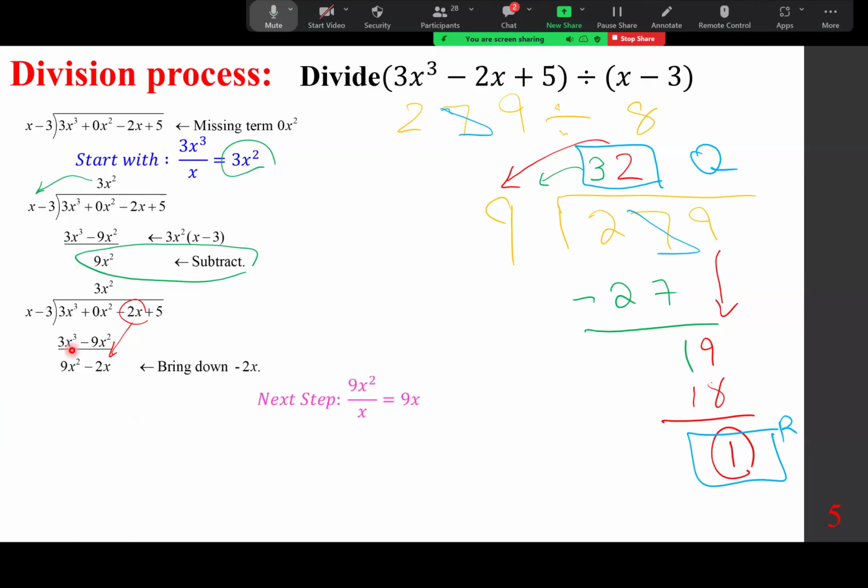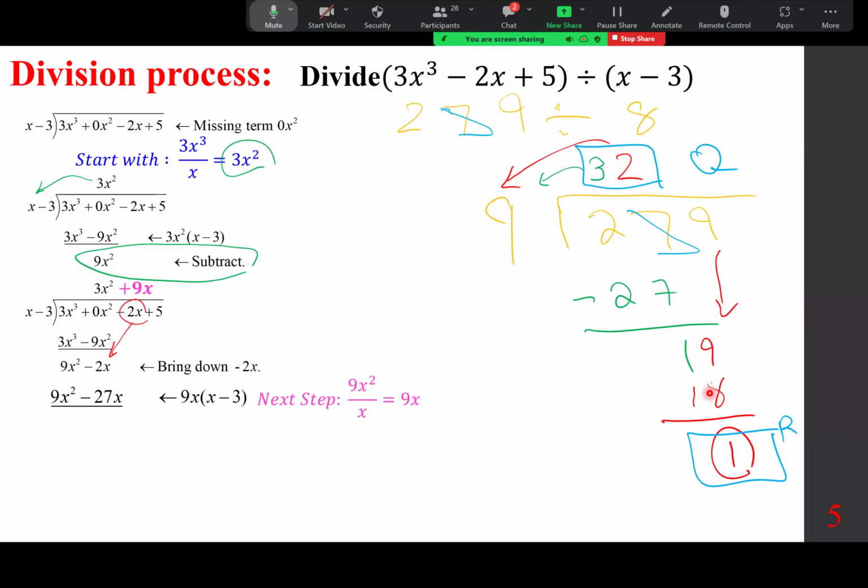We are going to divide 9x squared by x. We get 9x. And now we're going to multiply by it. Remember, we got 2, we multiplied by 9. When we multiply that, 9x by x is 9x squared, times negative 3 is negative 27x.